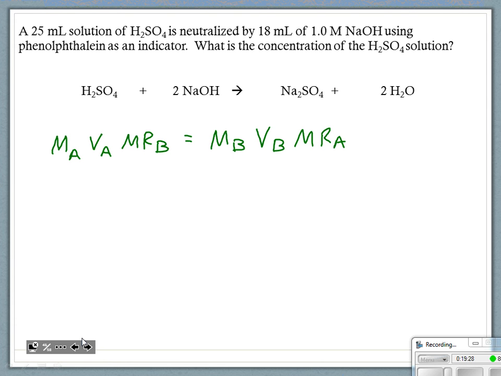MA, what is the molarity of my acid? The molarity of my acid is unknown. That is what I'm trying to figure out. So I'm going to leave that as MA.